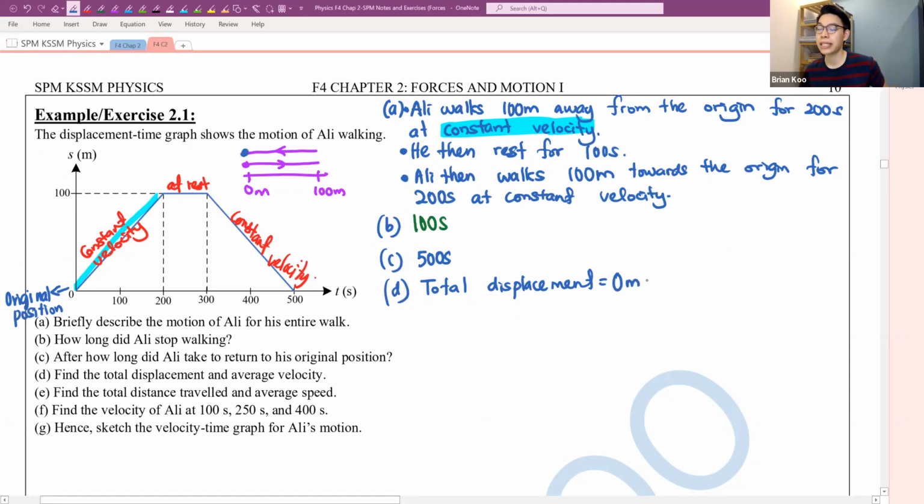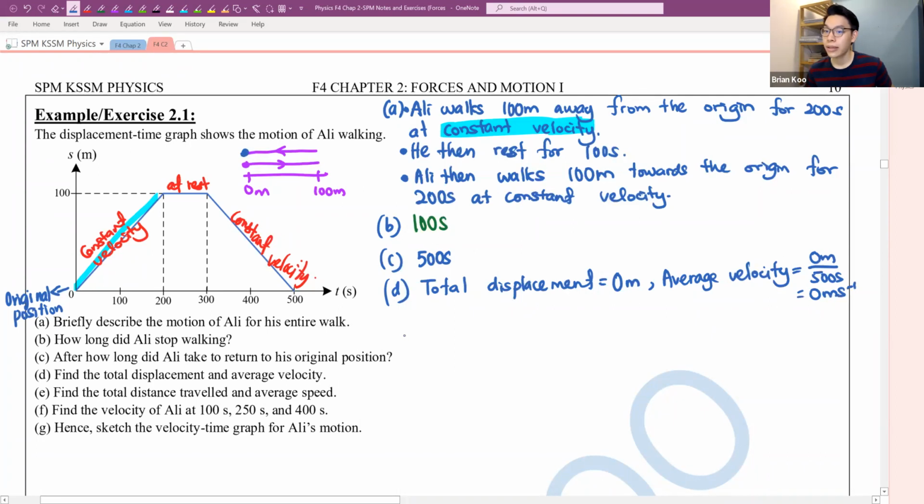Displacement is 0. Okay, they say total because they're referring to the entire journey. So the average velocity, also 0. Okay, I hope you know why it is 0, because displacement is 0. The time I know is 500 seconds, but it's still 0 at the end, because displacement is 0.